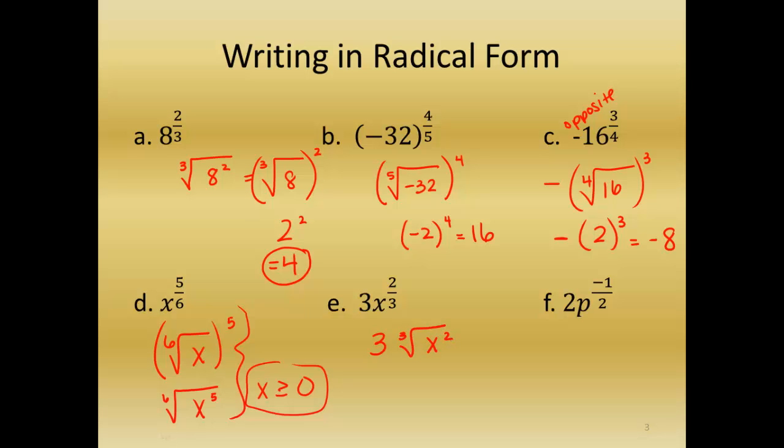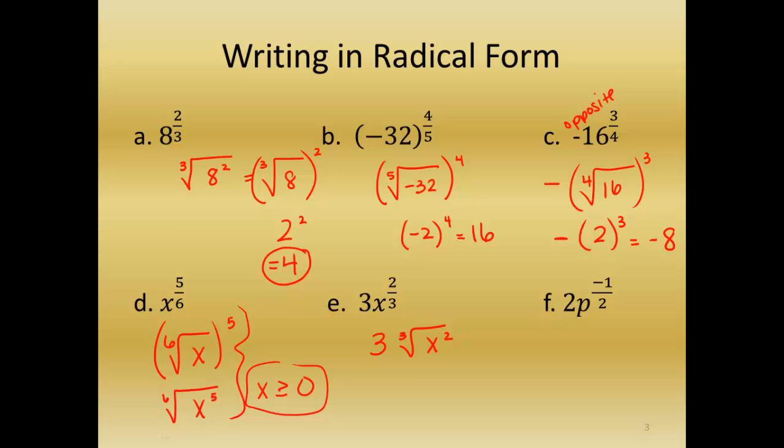I can leave it like this, or I could put the squared on the outside as we did over here in D. I prefer to leave it like this, and I'm going to suggest that we do not need any restrictions on x because I'm taking a cube root, and I can take the cube root of a negative value, so there are no restrictions on E.